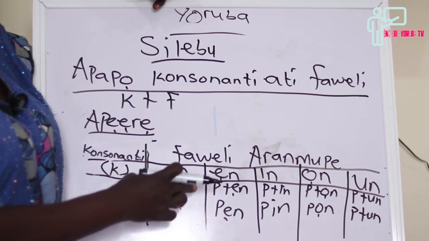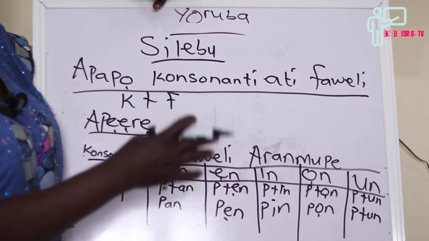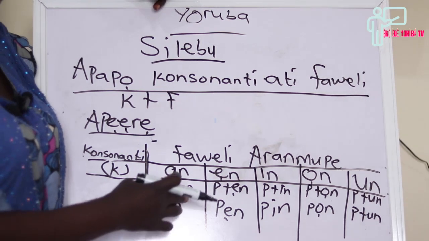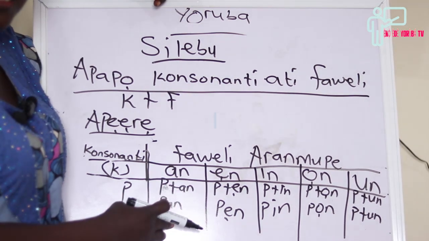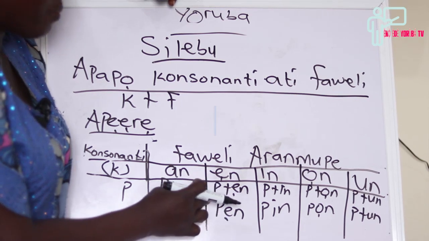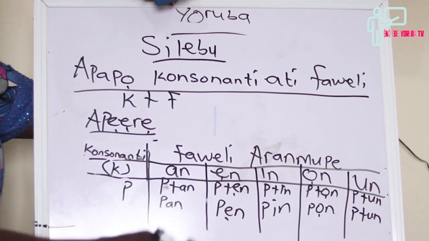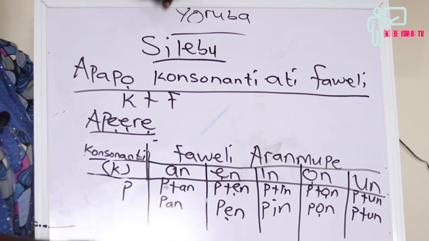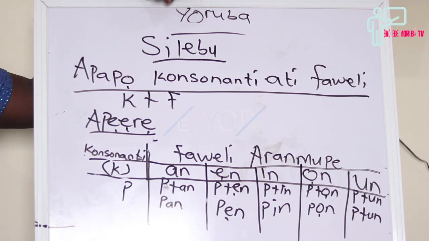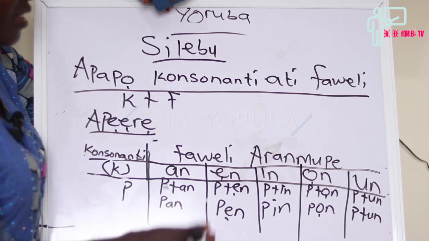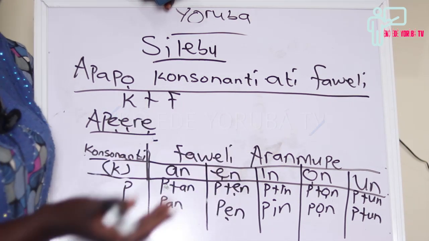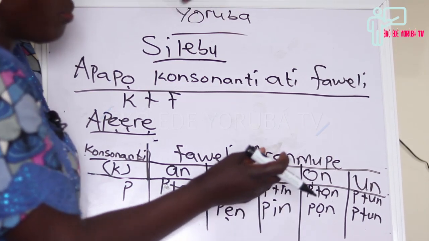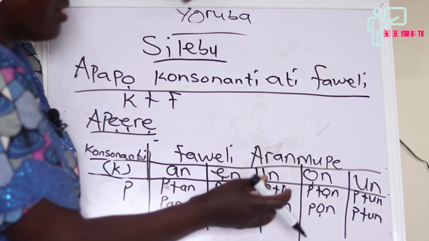P pẹ̀lú han, that is P plus han, or we call it P plus hen. This one we don't have in Yoruba, but if you divide it, you can see that it is pen in English. Pen is the only thing that we put just at the bottom. So this one is also P, which is in, pin.